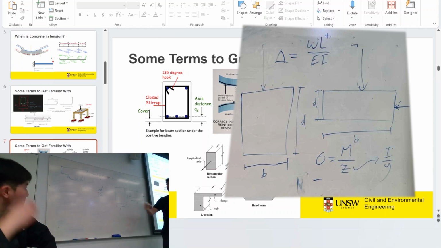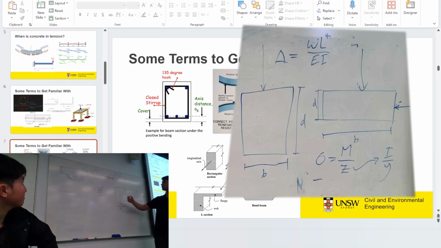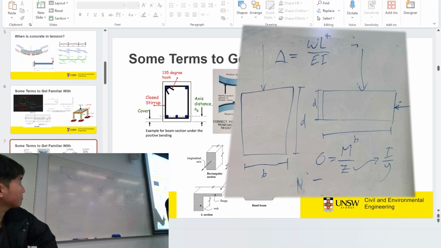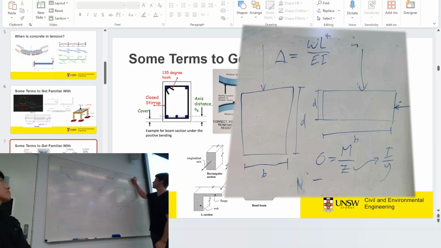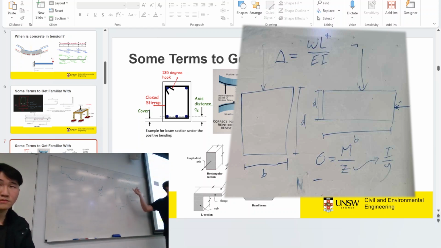Where you use this is in your deflection formulas. I'm not sure where everyone's at with that, but going back to statics or maybe mechanics of solids, you might have seen this formula. Basically, the larger your I value is, the less your beam is going to deflect.